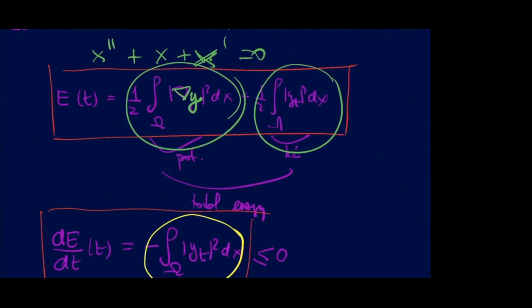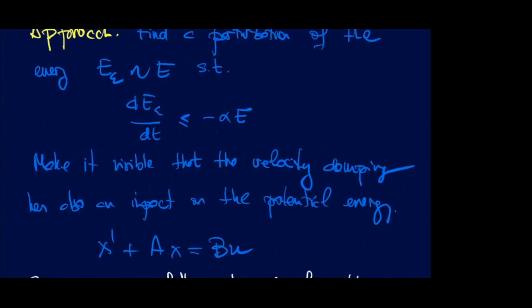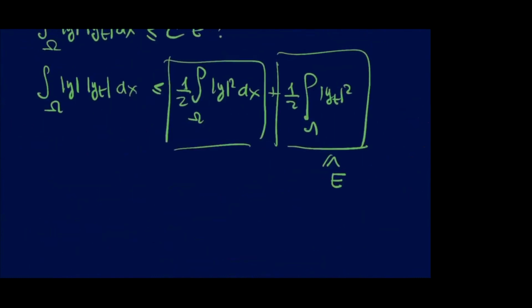So how can I prove, in this case, that the term here is also bounded by c times the energy? How can I do it? Do you have any guess of how could I do that? Is there any other inequality you know in functional analysis that could help me on doing this?